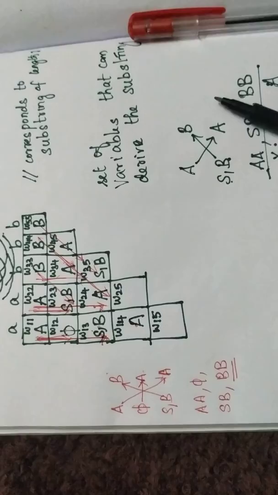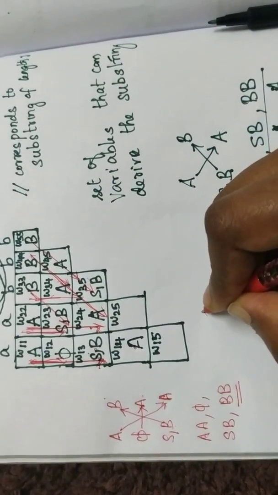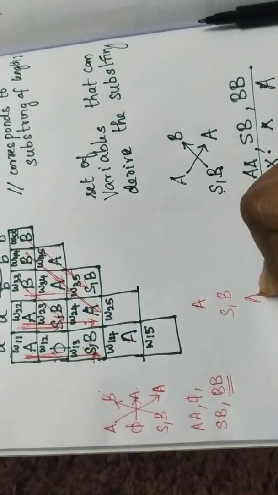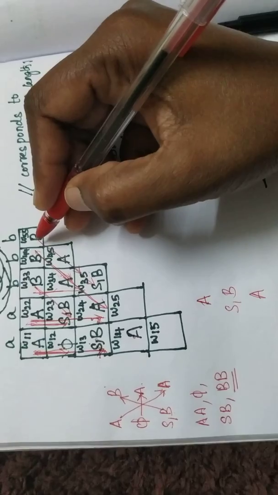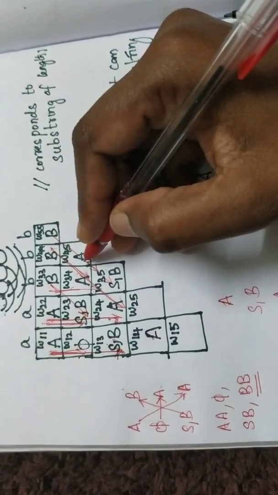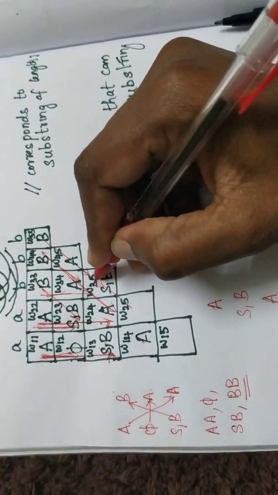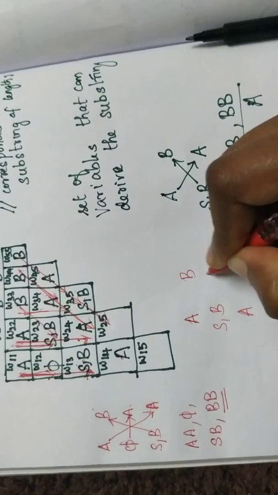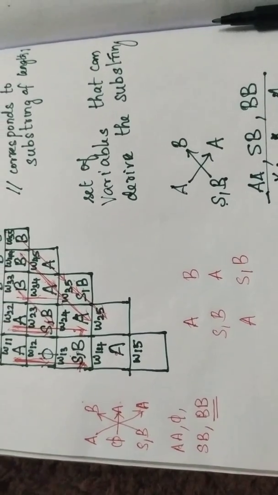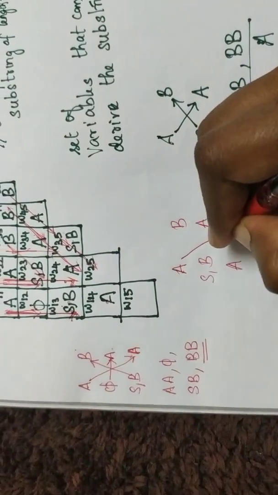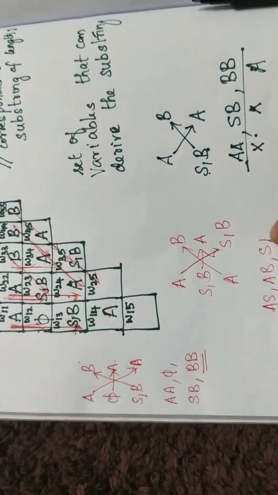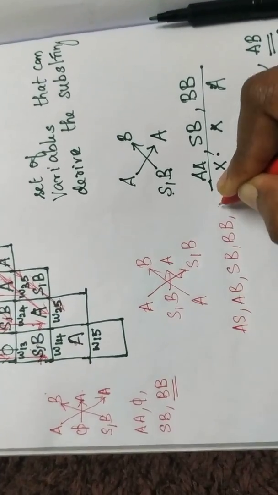So that will give us A, then S comma B, then again B, and taking the diagonal one, we will be getting B, A and S comma B, the diagonal to this one, B, A, S comma B. Now again proceeding with this, we get AS, AB, SB, BB and AB.